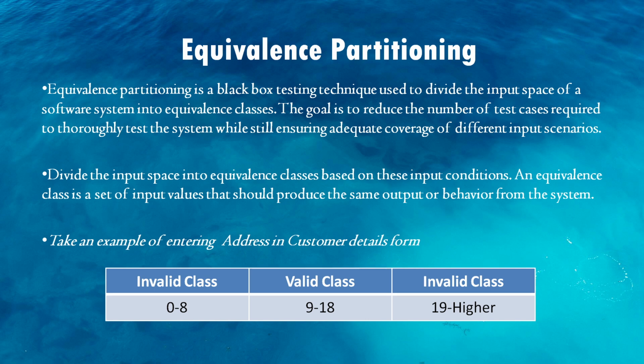In order to avoid those issues, we need to reduce the number of test cases required. At the same time, we should also cover as many scenarios as possible to make sure the functionality doesn't have any defects.